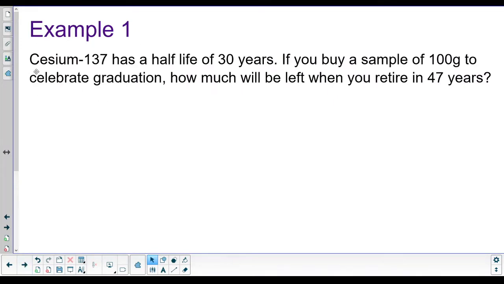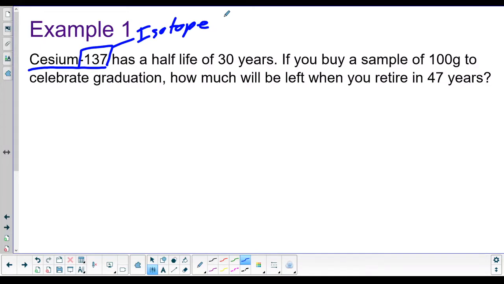Okay, cool. So let's look at example number 1. It says cesium-137 has a half-life of 30 years. For the people who care, cesium is a radioactive element, and when we say cesium-137, this is a particular isotope.